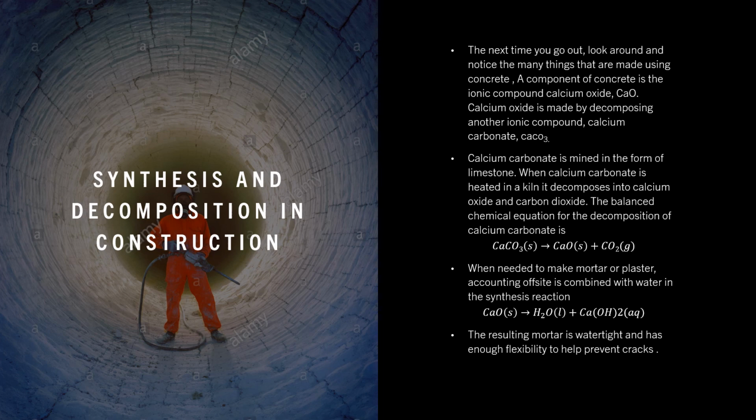When needed to make mortar or plaster, it is combined with water in the synthesis reaction CaO plus H2O produces Ca(OH)2, aqueous. The resulting mortar is watertight and has enough flexibility to prevent cracks.